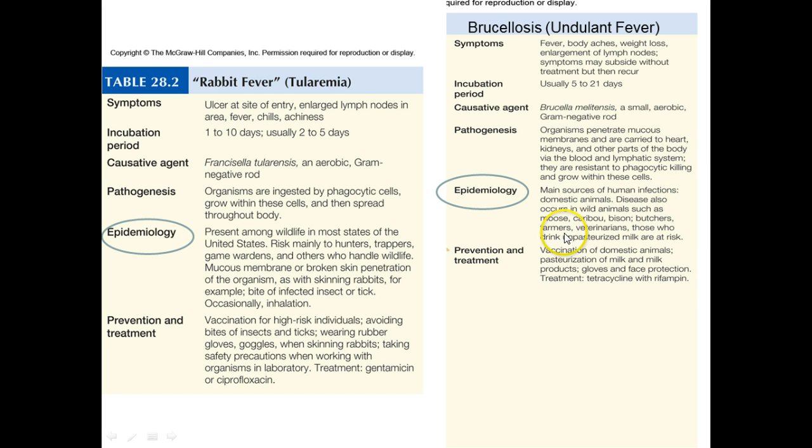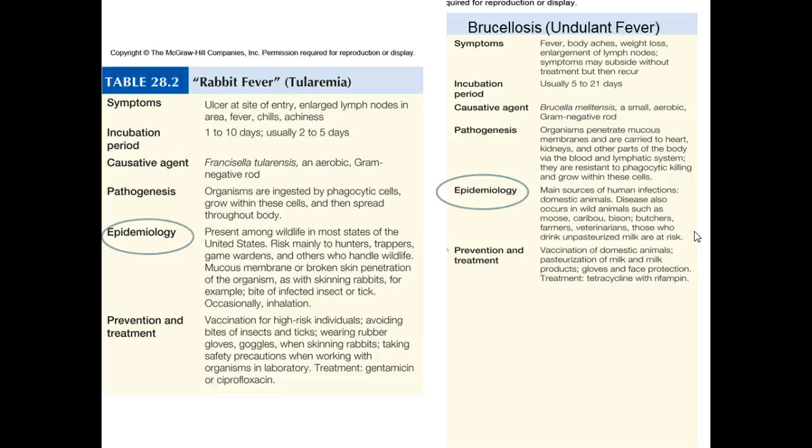Of course, farmers, veterinarians, those who are exposed to or drink unpasteurized milk are also at risk, right? So this is one of these things that can be passed in the milk for these animals. So of course this is listing some wild animals, but the population of animals that we're most concerned about here in the United States is cattle.